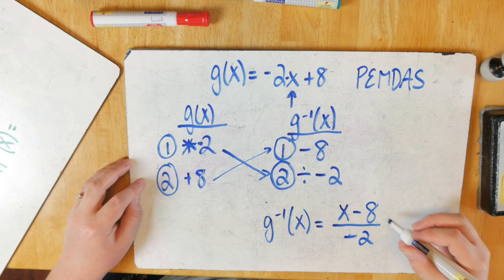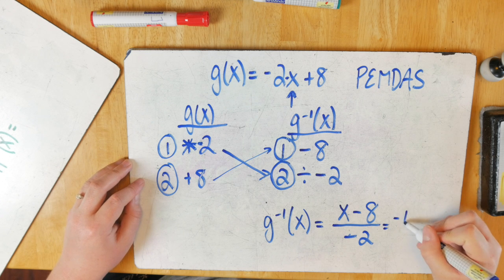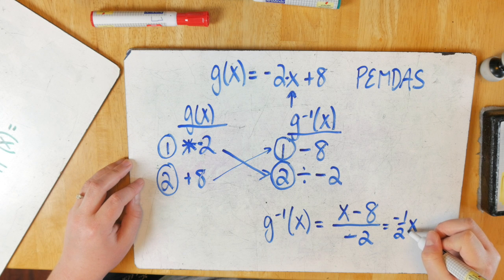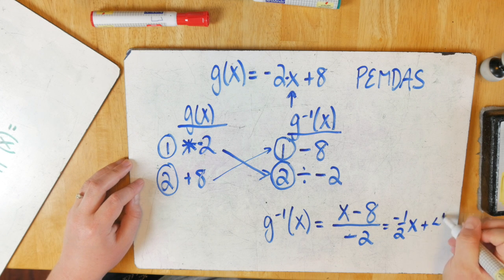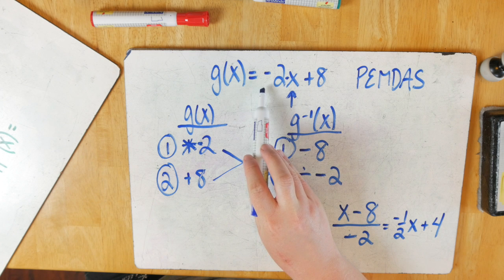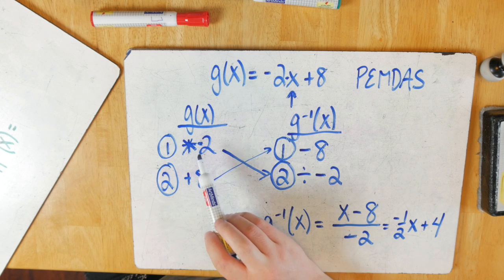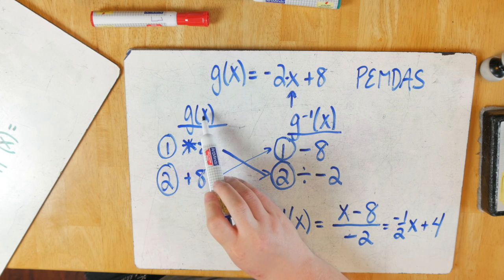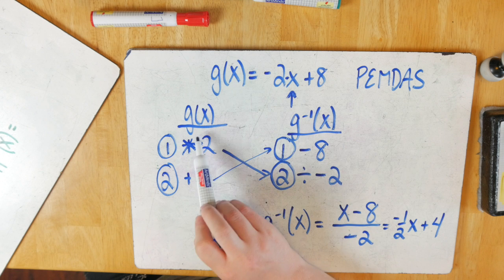There's a couple different ways you could write this. You could write this as, maybe, negative 1/2 x plus 4. There are a few different ways that you could write it, but here we have our inverse function of g of x, because we identified the two things that were happening to the input in the original function.